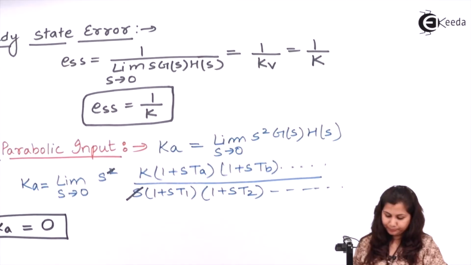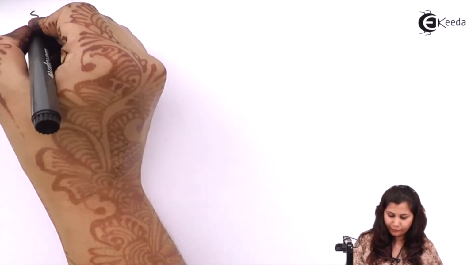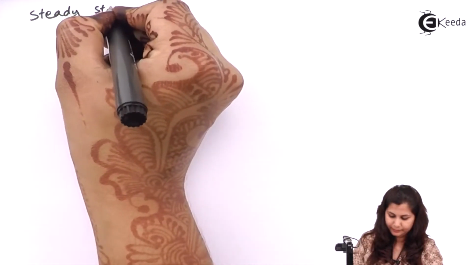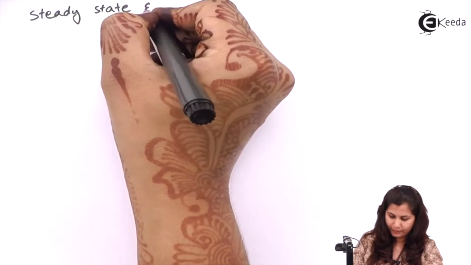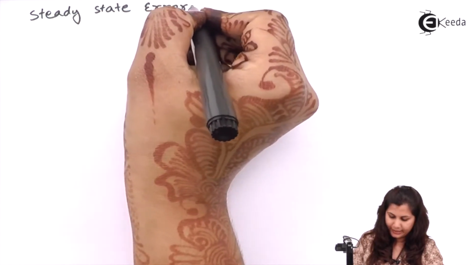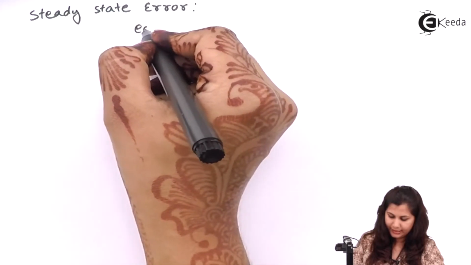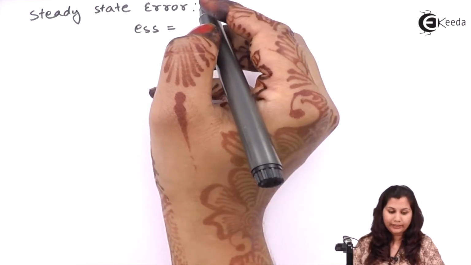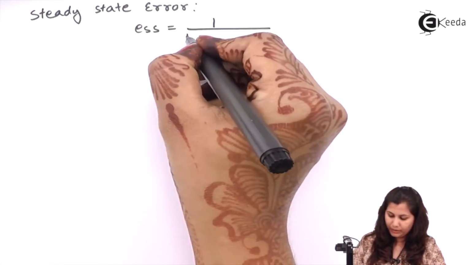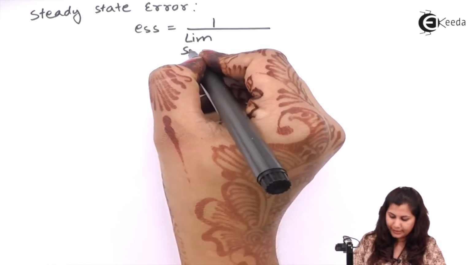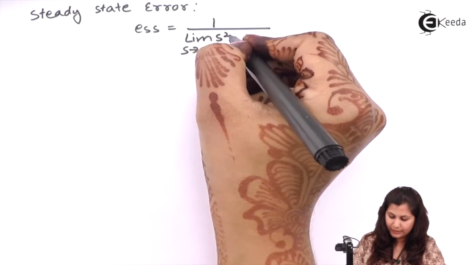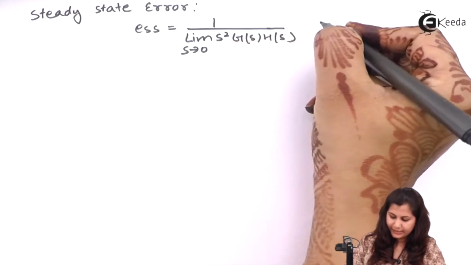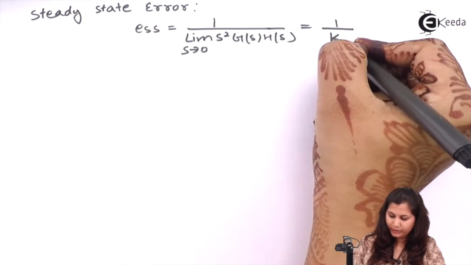Now the steady state error for this, that is ESS, for the parabolic input, is 1 upon limit s tends to 0 of s squared GsHs, or we can say that it is equal to 1 upon Ka.